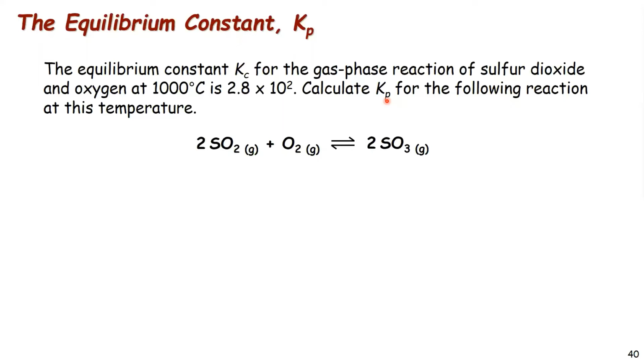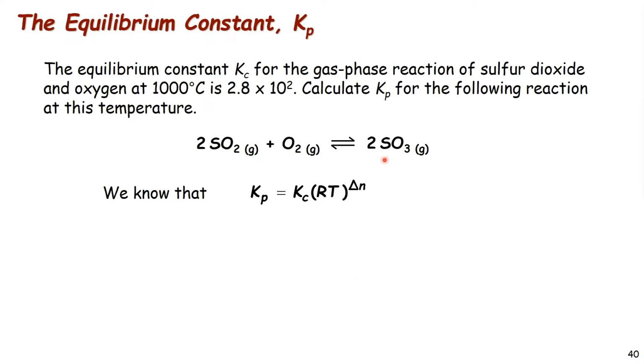So 2 minus 2 plus 1, so -1. Yeah, so del N is going to be -1, right? So again, we're looking for this del N. We already know the value of R. T is going to be 1,273.15 Kelvin, right? This has got to be in Kelvin. So we got to add 273.15 to this.